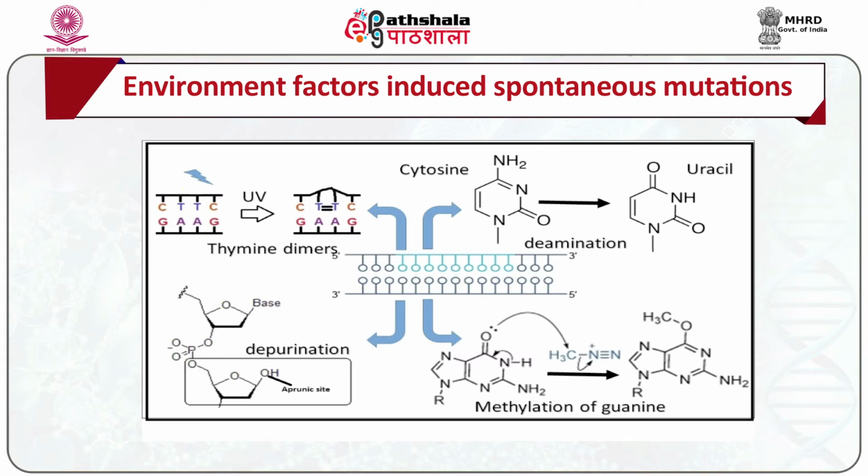Approximately 5,000 purine bases and 100 pyrimidine bases are lost every day in a single human cell due to depurination and deamination. DNA bases are also subject to damage by hydrolysis, cellular reactive metabolites, environmental chemicals, UV radiation, and many more.